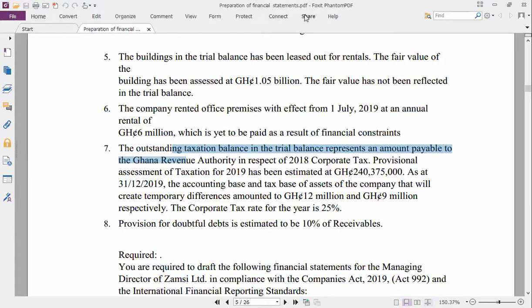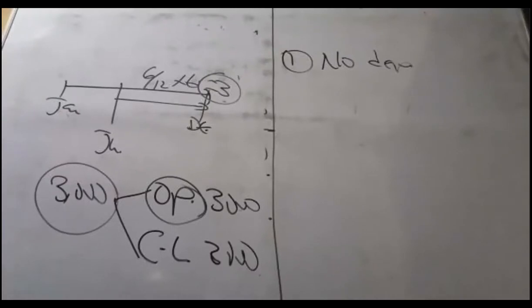So before I continue, as soon as you read the tax footnote, all that should come to mind is this. Don't forget your CUD: current year tax, under or over, and deferred tax.